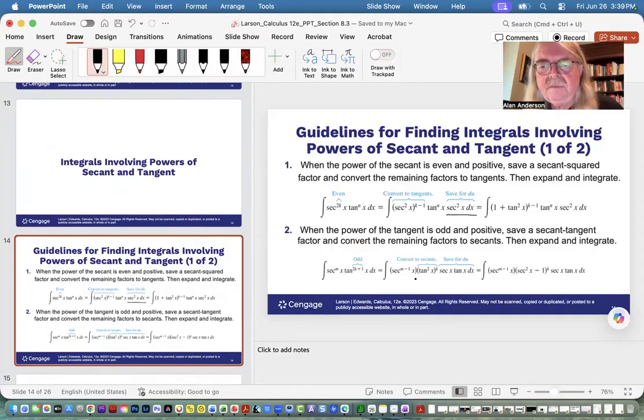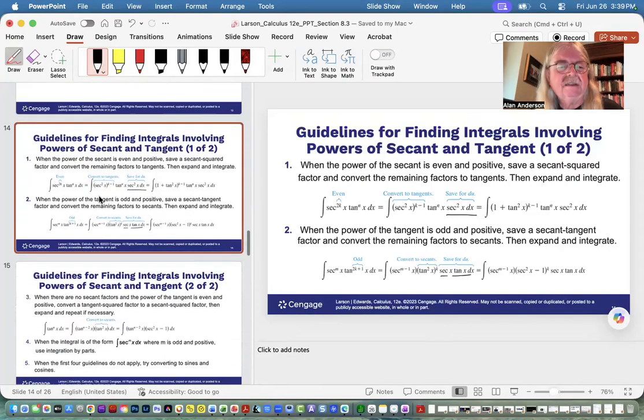Down here, though, even more interesting, you're splitting off a secant and a tangent. So it's a little bit messier than what we were just doing. But if you notice over here, they've already given us the basic formula. So, I mean, really, they've kind of already done the work for us when you look at it.